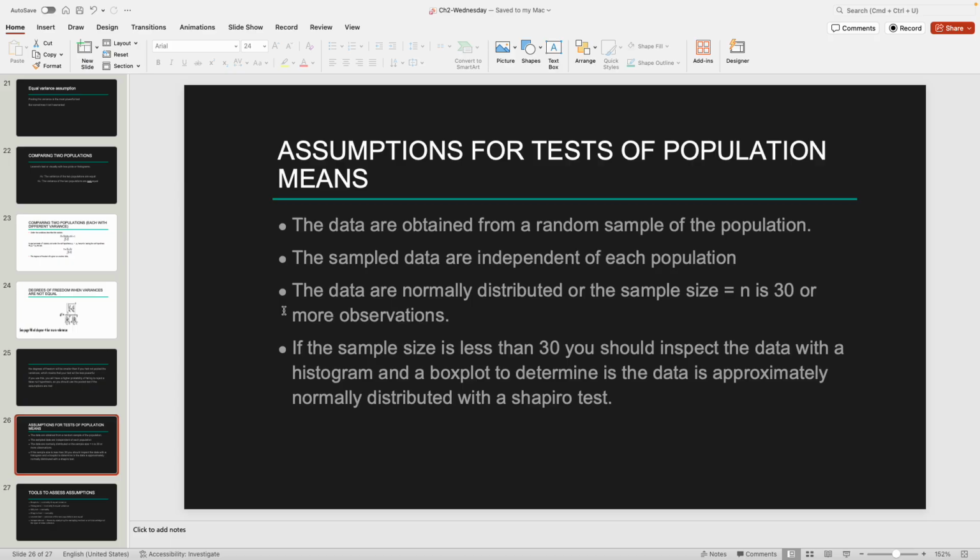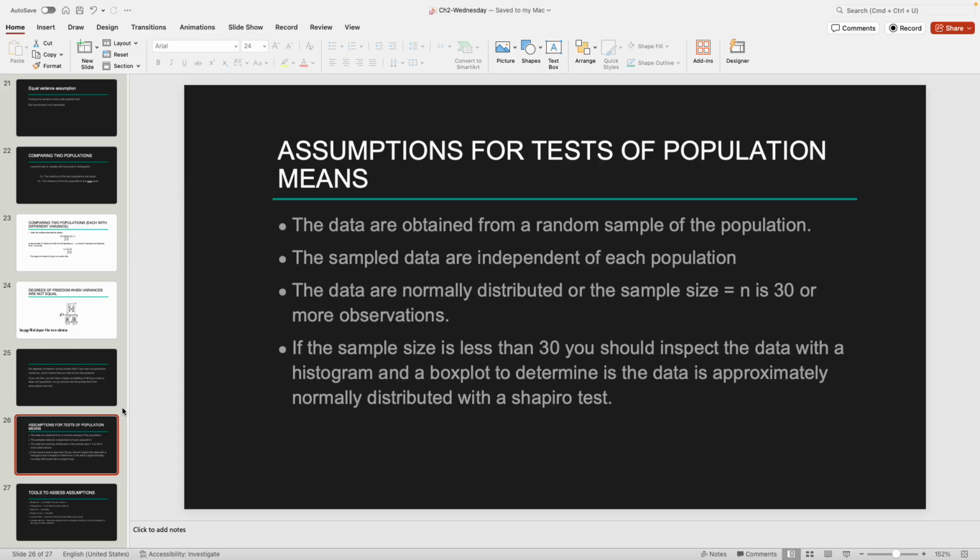The sample data is independent of each population, so what happens in group 1 should not affect group 2. It should also be independent within the group, so one observation should not affect another. The data should be normally distributed, or the sample size should be bigger than 30. If the sample size is less than 30, you need to inspect the data with a histogram or a box plot to determine if the data is roughly normal.